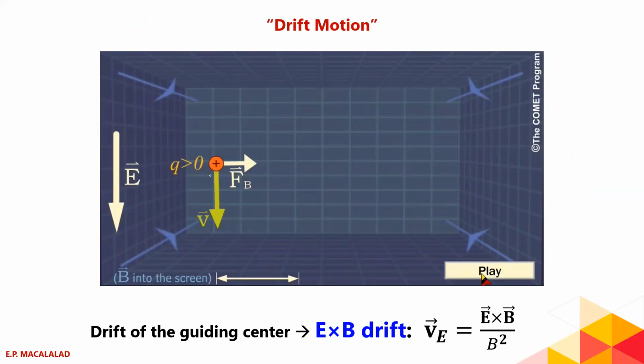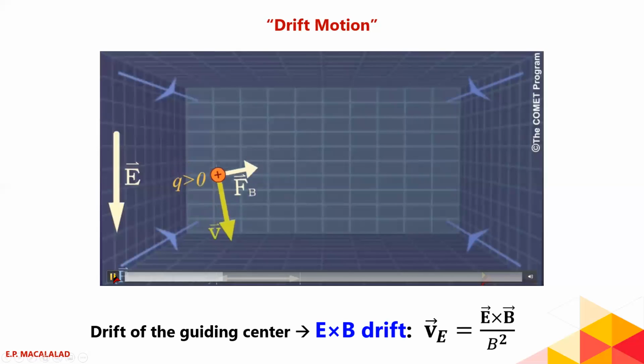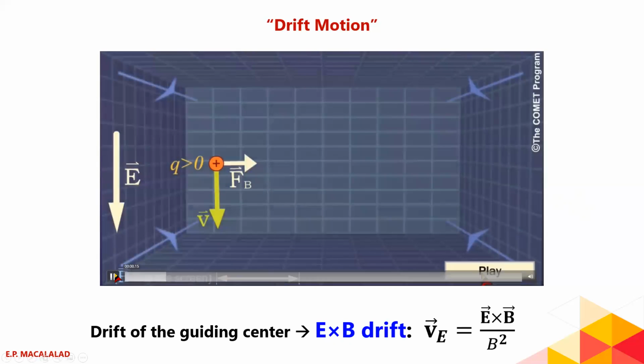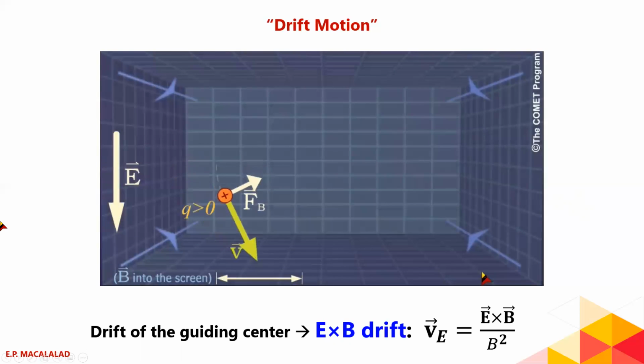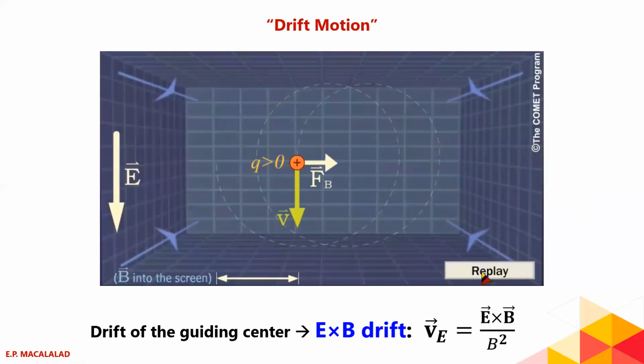Okay, so that's how this charged particle will drift due to the influence of a crossed electric and magnetic field.